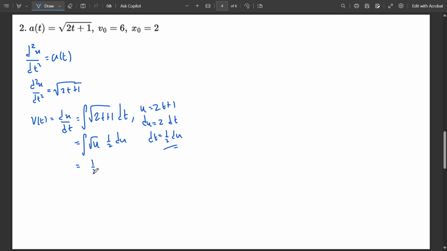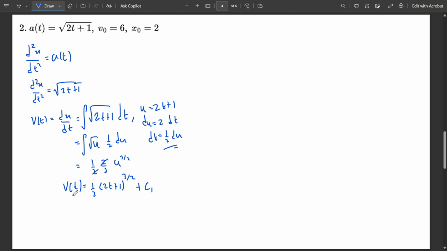So we have a half times the integral of the square root of u, which is 2 over 3 u to the 3 over 2. Cancel this. We have 1 over 3 times (2t plus 1) to the 3 over 2. Don't forget plus a constant of integration. Okay, nice. And this is our v of t.